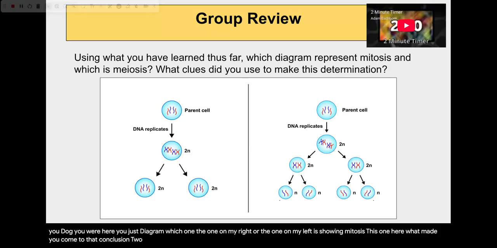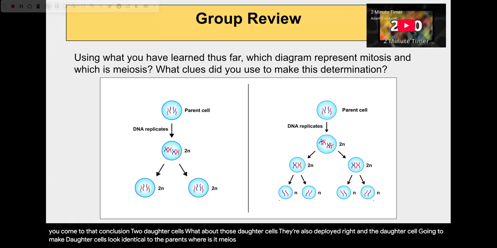Two daughter cells. What about those daughter cells? Yeah, they're also diploid, right? And the daughter cells look identical to the parent cells. We've gone from a diploid cell to a diploid cell, and the daughter cells look identical to the parents.